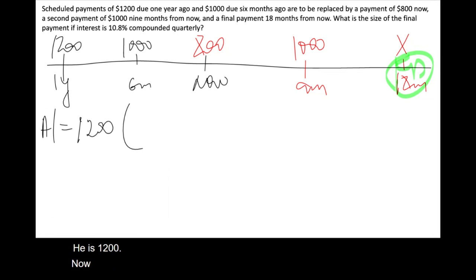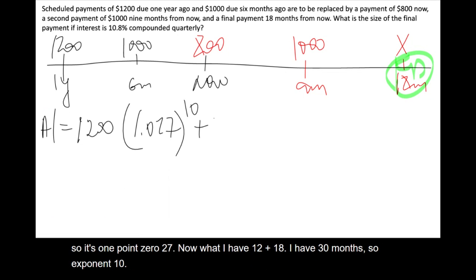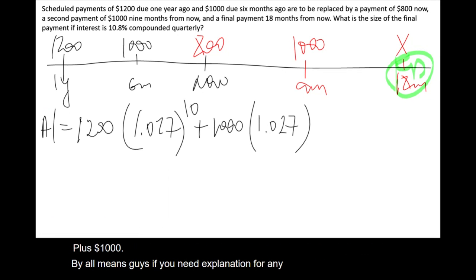Now interest rate 10.8% compounded quarterly, so it's 1.027. Now what I have, 12 plus 18, I have 30 months, so exponent 10, plus $1,000. By all means, guys, if you need explanation for any number, let me know.